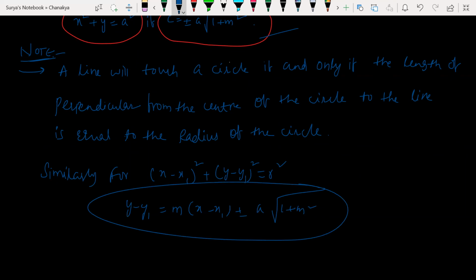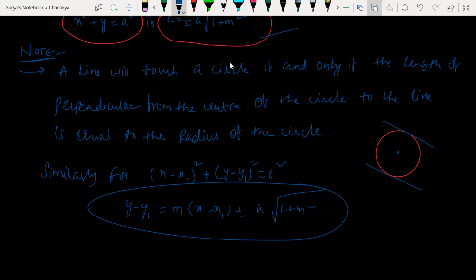What I'm trying to say here, if I draw a circle, this is my circle here. Now, if I draw two tangents, this is my center.